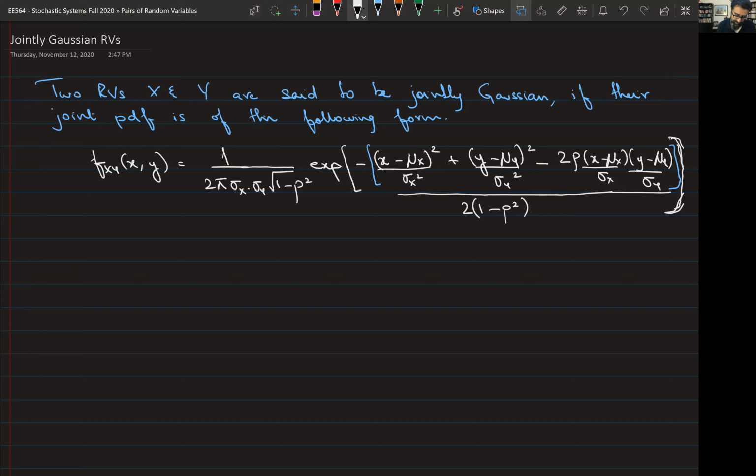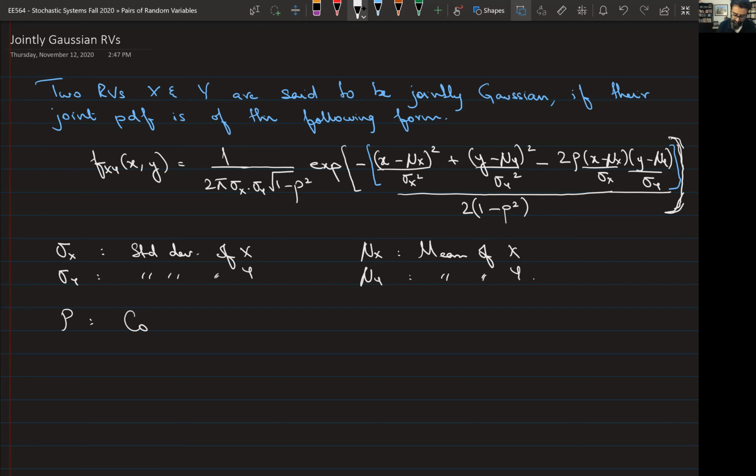By the way, sigma x is the standard deviation of x, sigma y is the standard deviation of y, mu x is the mean of x, mu y is the mean of y, and rho is the correlation coefficient.